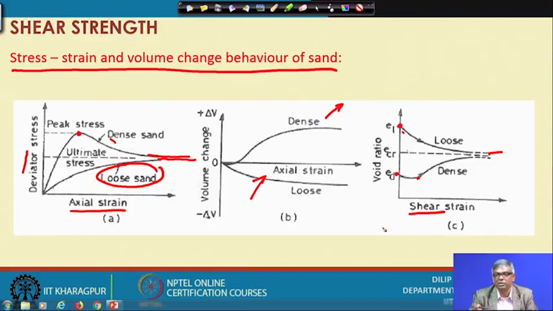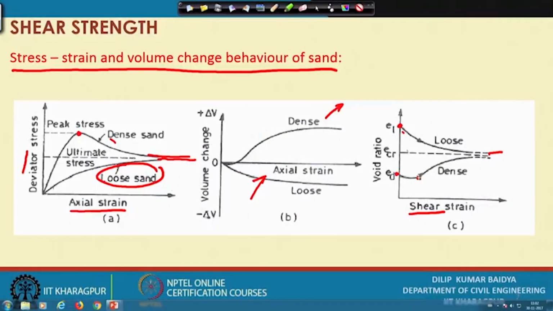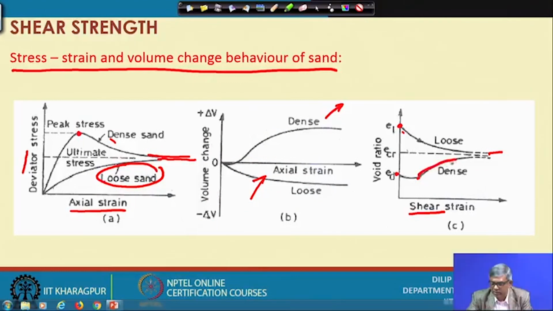Then, with further increase of strain, the volume will be increasing, and when volume increases, the void ratio again increases. So there is an upward movement of the void ratio plot, and finally it will reach a stable value, the same value that loose sand reaches at a large strain. That value is nothing but the critical void ratio.